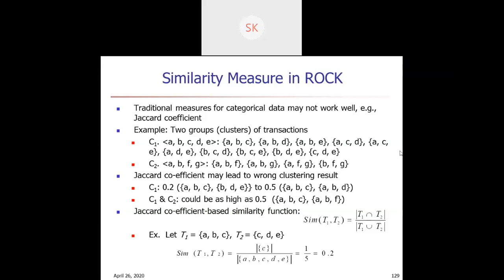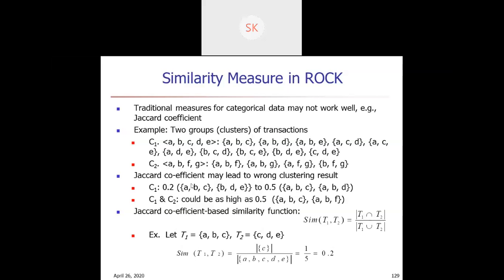Similarity measures in ROCK. Traditional measures for categorical data may not work well, such as the Jaccard coefficient. Example, two cluster groups for the transactions, C1 and C2, with transactions ABCD, ABC, different transactions with respect to C1 and with respect to C2.